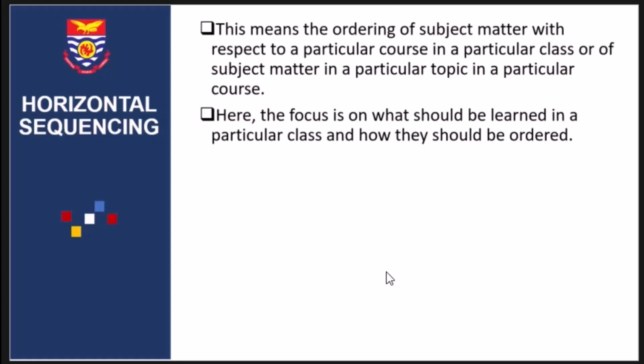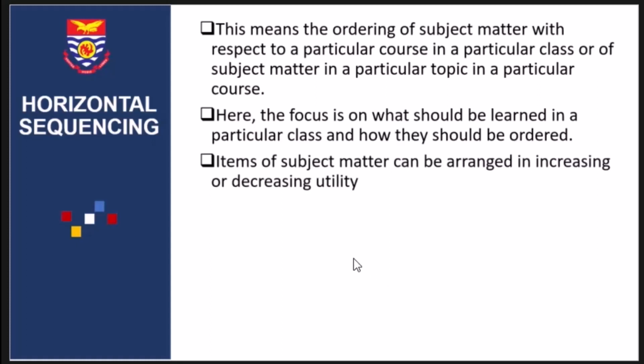If you are teaching subject matter in SHS, how should it be ordered? But for horizontal sequencing, we are looking at a particular class, let's say JHS 1, and you are teaching the topic sets. How do you order the subject matter with respect to that particular class?